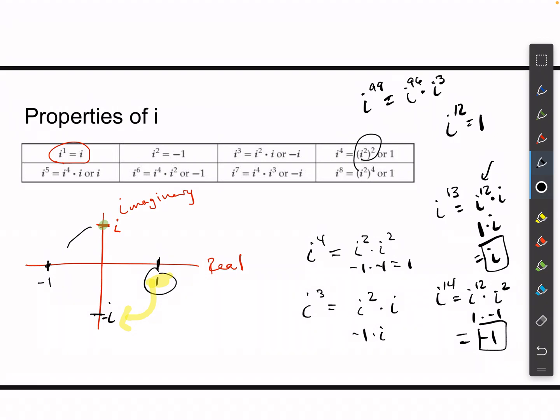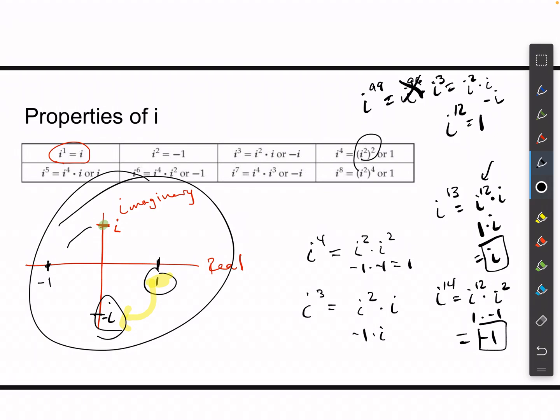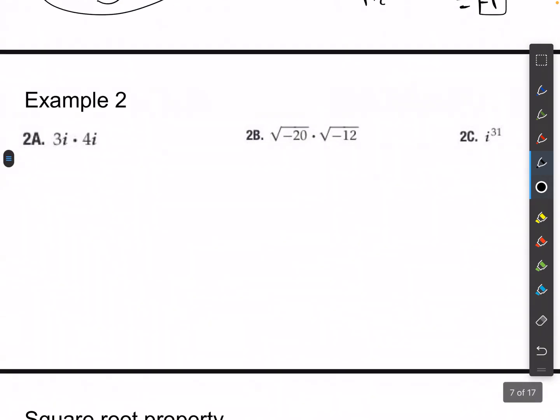Now this is just 1, so this goes away. So now we've broken it down to i to the third. i to the third is equal to i squared times i. i squared is -1. -1 times i is -i. So either way you look at it. Some people like to have this in the back of their mind, so they can think about it in terms of rotations.